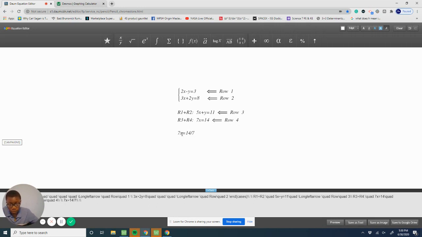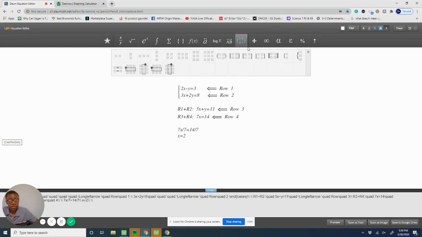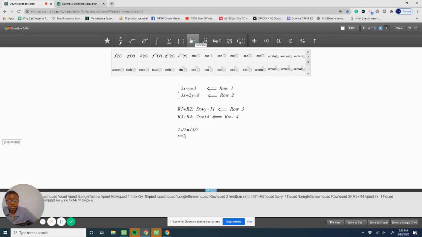And we divide both sides by 7. X equals 2. And what we've just done is we've just solved for x like that.